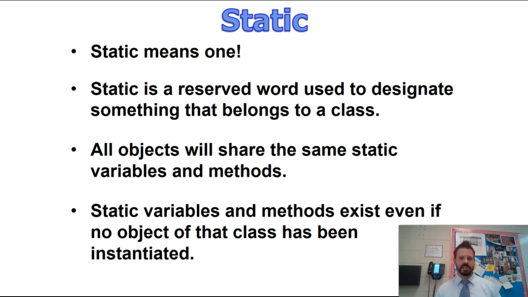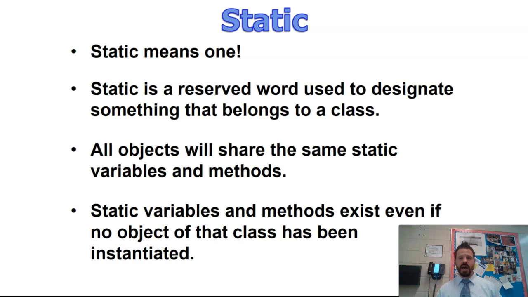All right, the last thing we're going to talk about is a part that's not necessarily always part of a method signature, but could be added to it. Okay, the word static, such as in our main method, public static void main. Okay, static in general, we'll just say static means one. And we're going to say static is a reserved word used to designate something that belongs to a class.